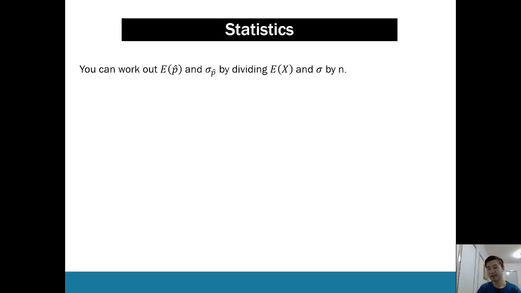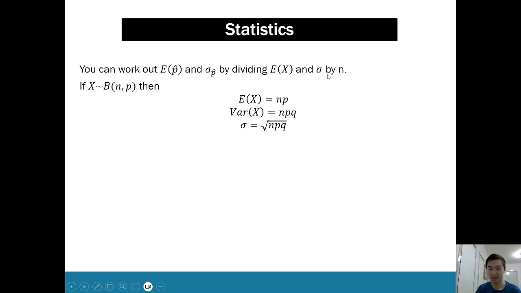So you can work out the expected value of the sample proportion and the standard deviation of the sample proportion simply by dividing your expected value and your standard deviation by n. In other words, if x is binomially distributed with n number of trials and probability of success p, then your expected value is np, your variance is npq, where q is equal to 1 minus p, and your standard deviation is root npq.